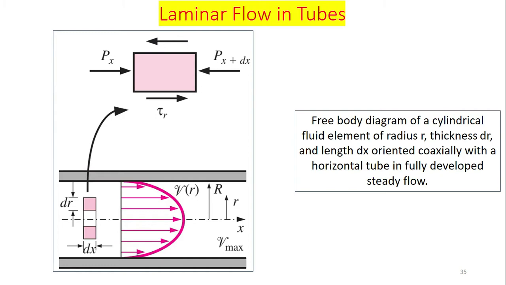There is no motion in the radial direction; this is the axial direction and this is the radial direction. The flow is only in the axial direction. There is no flow of the fluid in the radial direction, and thus the velocity component v normal to the flow is everywhere zero.